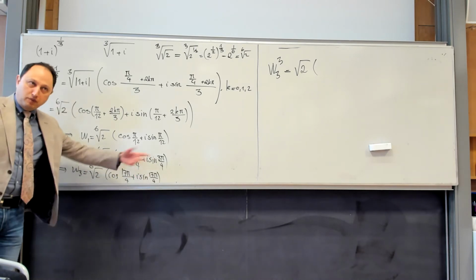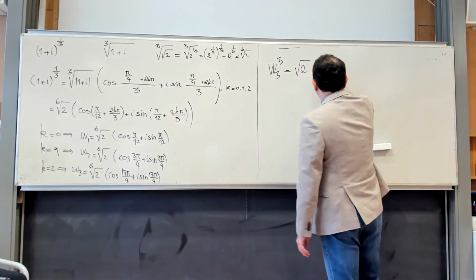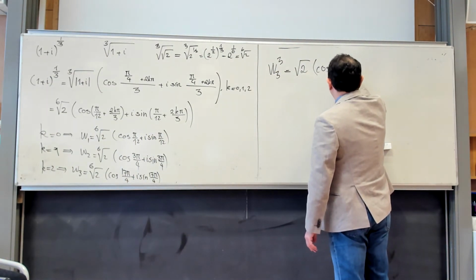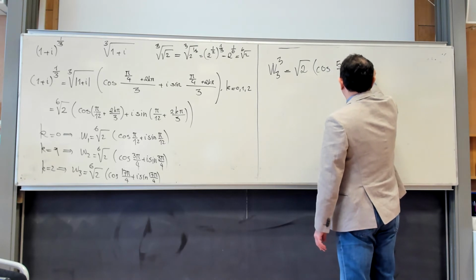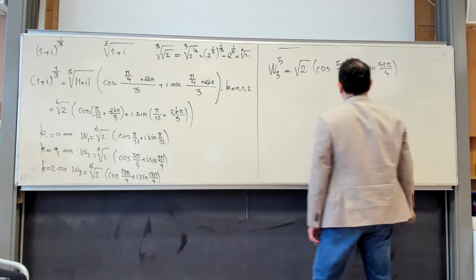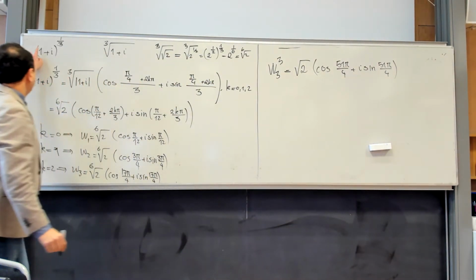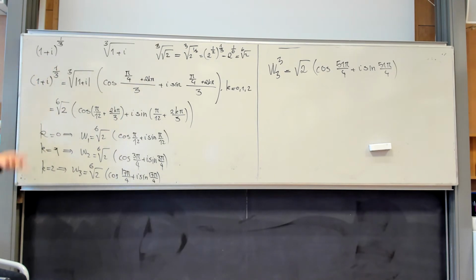Multiply the argument by 3 instead of raising it. So it becomes cosine 51 pi over 4 plus i sine 51 pi over 4. If I am right, this should be equal to this number, 1 plus i.